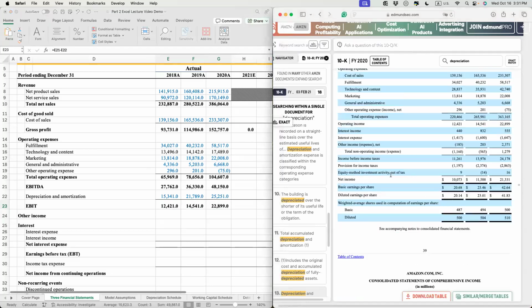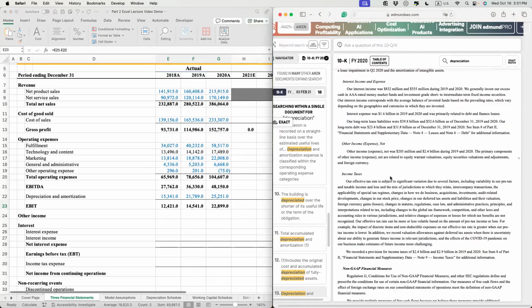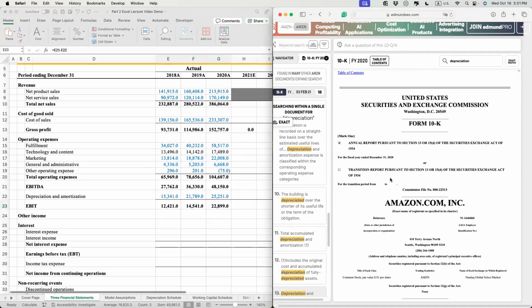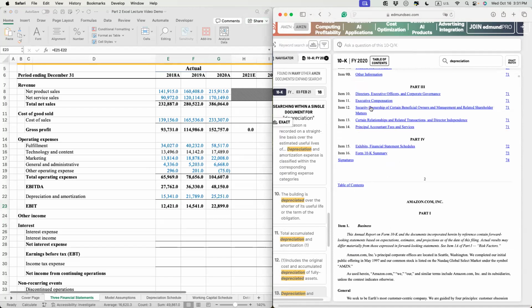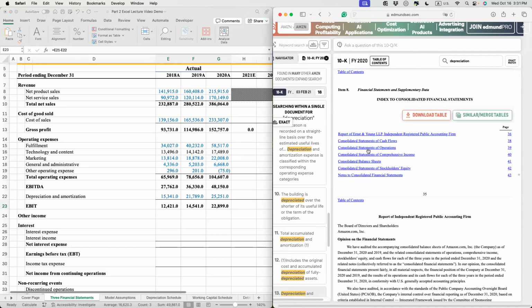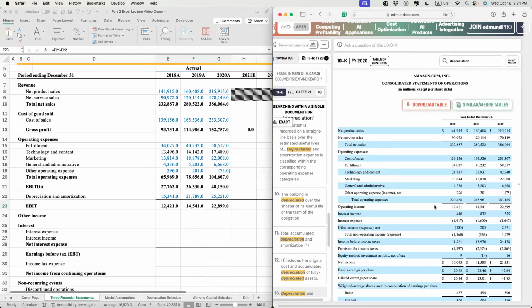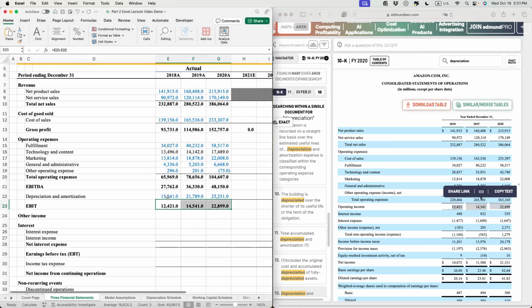Then we can go back to the financial statements to find operating income. This is the operating income for the past three years. Compare this number with the one we calculated. That's correct, so our adjustment to derive this EBITDA is correct.